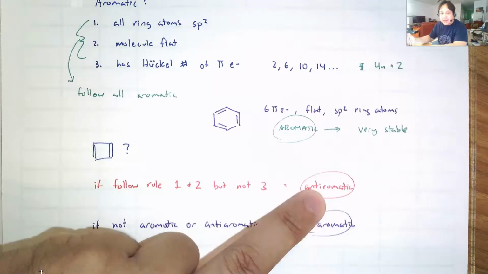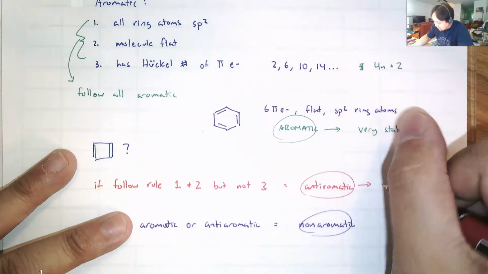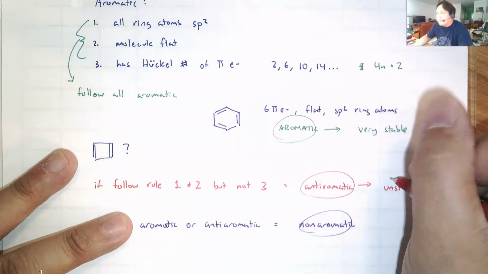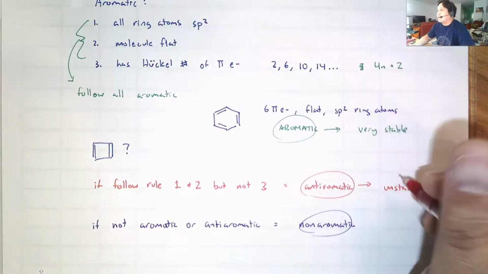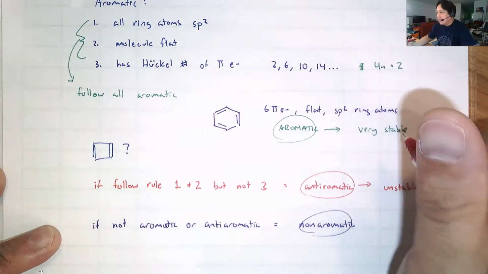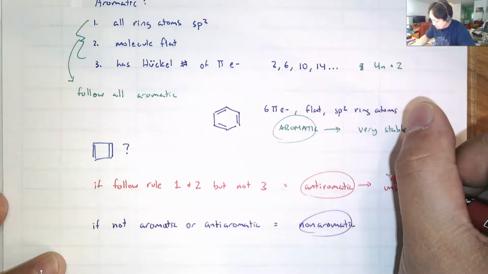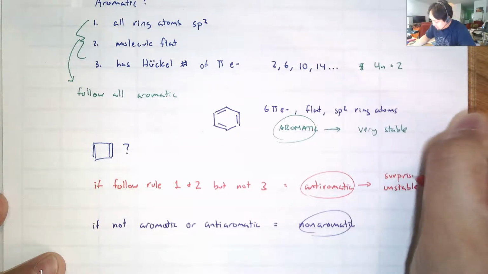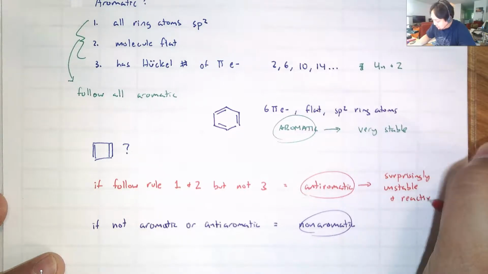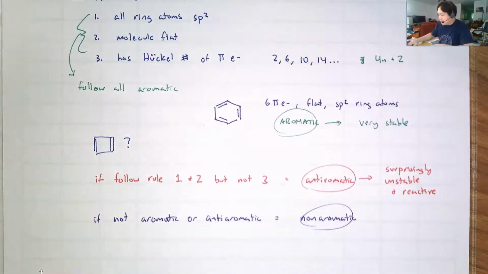If you're anti-aromatic, not only are you not stable, you are actually unstable. Surprisingly unstable. Another way to say it: unstable and reactive. You're very reactive.